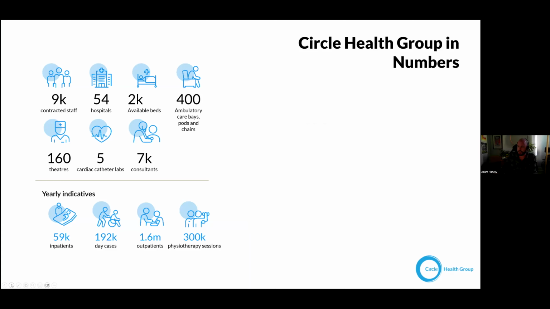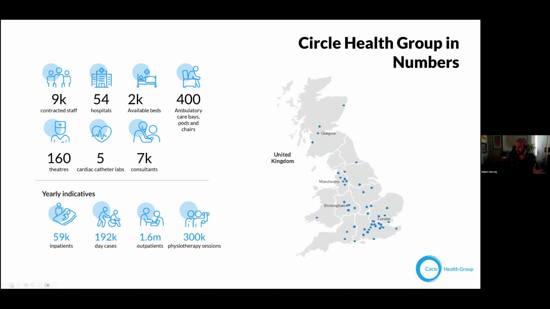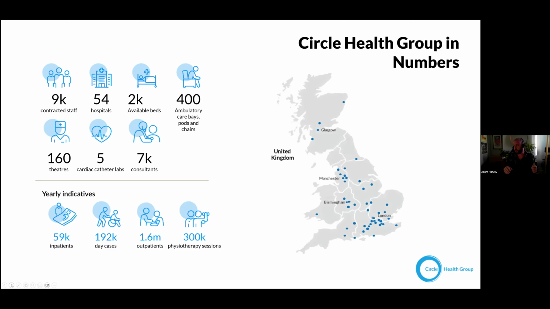So those are some indicatives of the company size. And as you can imagine, with 54 hospitals, we are nationwide. From close to me down in Devon, to Bath, which isn't that close to me, to be honest, all the way up to the far reaches of Scotland. So we are all over the country.